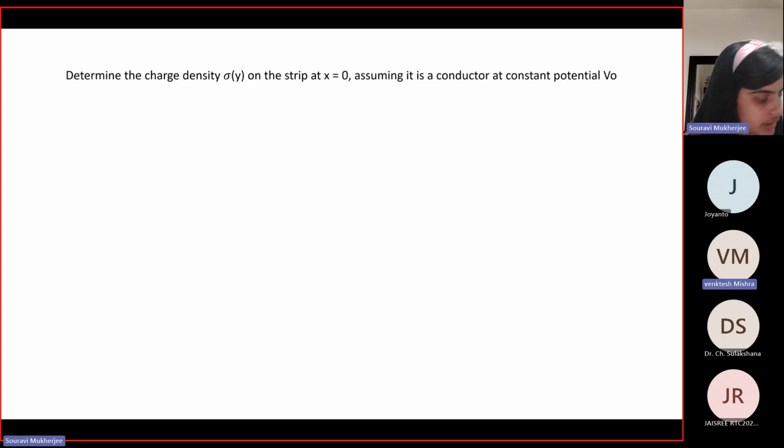Ma'am, can we discuss problem number 6 of assignment 4? It is related to the surface charge density. Okay, we'll come to those questions, but I don't know exactly what question number 6 is.